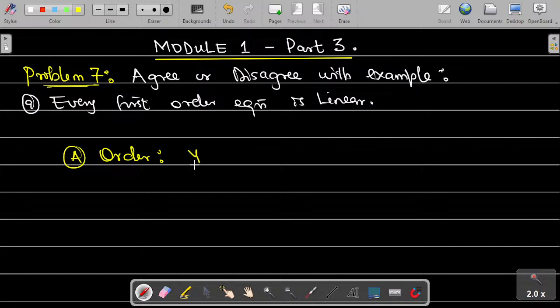If I have something like y prime plus y equal to 0, this is first order because the highest derivative here is just 1. If I have something like y prime prime plus, let's say, 2y prime minus y equal to 0, this is of order 2 because the highest derivative present is 2. The number of primes shows the order of the highest derivative present.